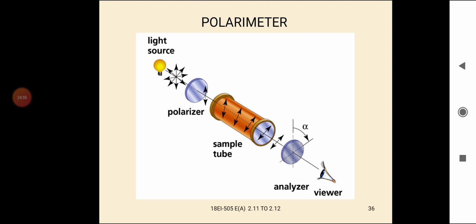The electromagnetic wave generated from the mercury vapor lamp is unpolarized light, which has vibrations in more than one plane. When it is projected on the polarizer, the polarizing quartz material generates polarized light.